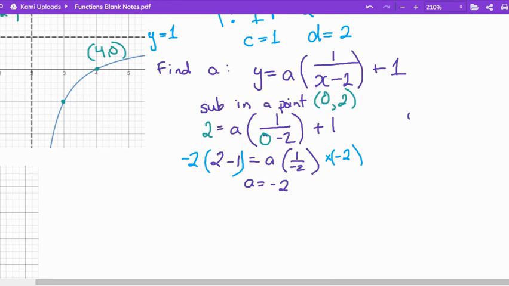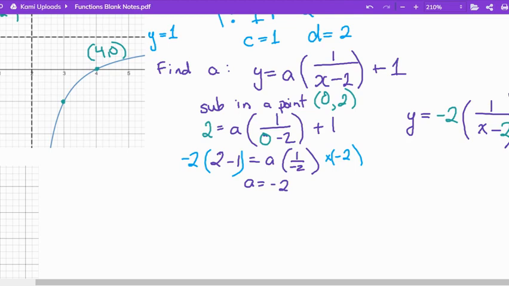We're not going to write an equation in function notation because I know what the parent function is. So let's see. We've got our a value, the d value, and the c value. Now you can write it this way, but I actually prefer if you multiply the coefficient into the numerator.